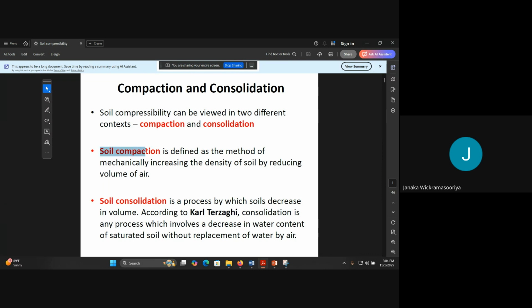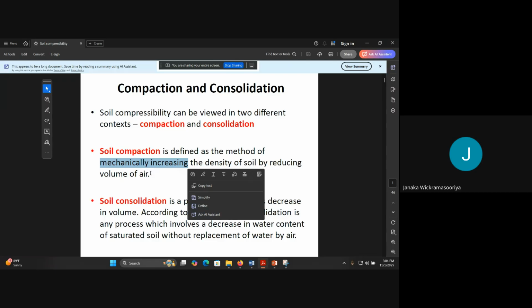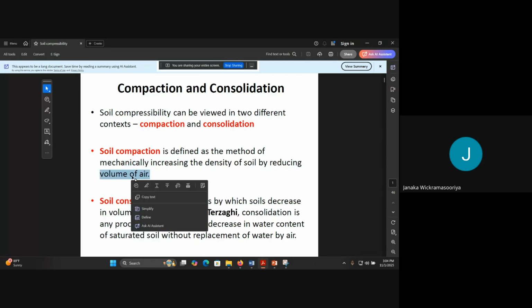The soil compaction is defined as the method of mechanically increasing the density of the soil by reducing the volume of air. And soil consolidation is a process by which soil decreases in volume.